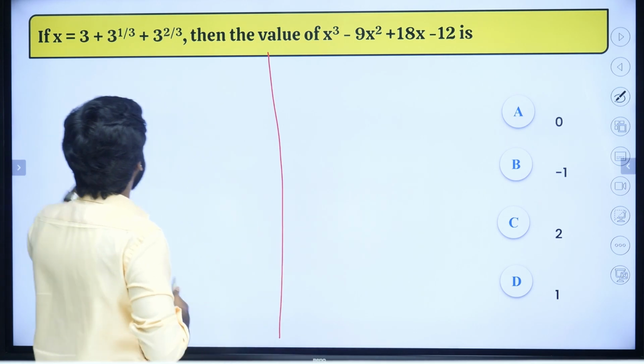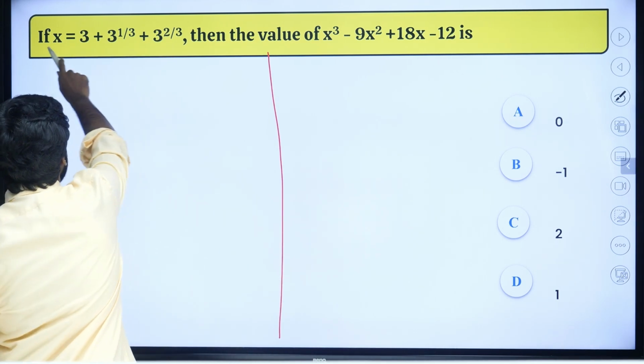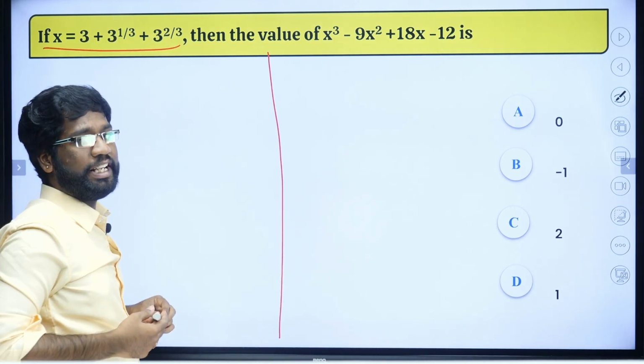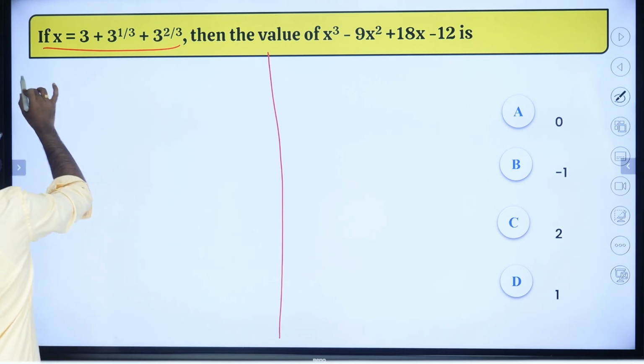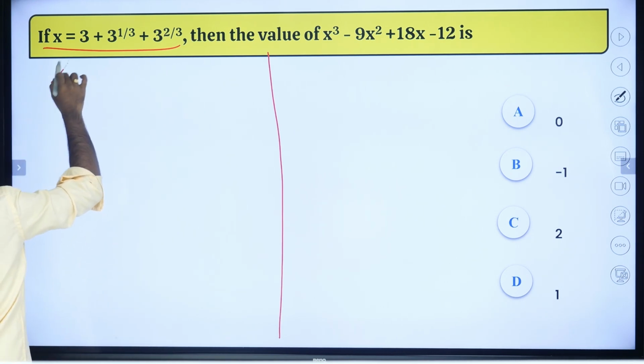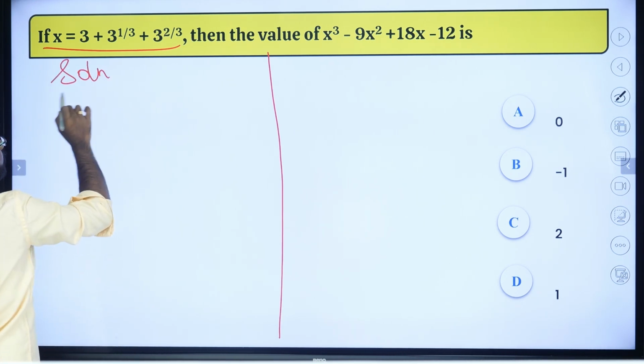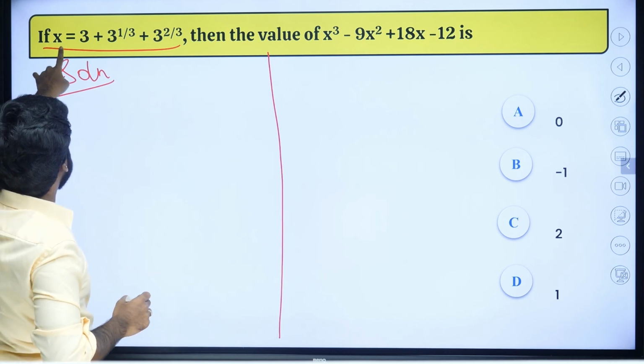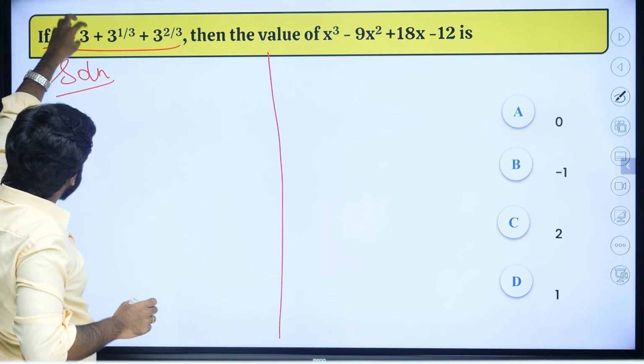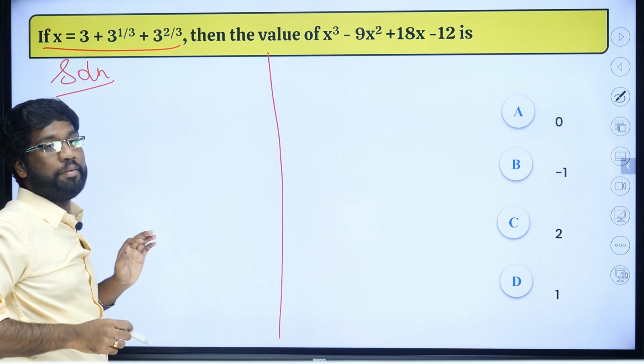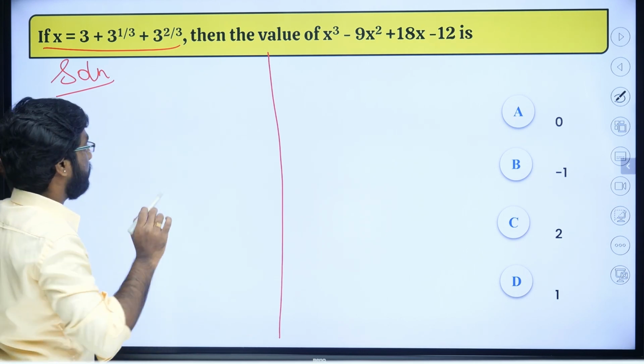Okay. Now x is equal to 3 plus this thing they have given, my dear students. What I am going to do is take this 3 alone to the left hand side, for my convenience.